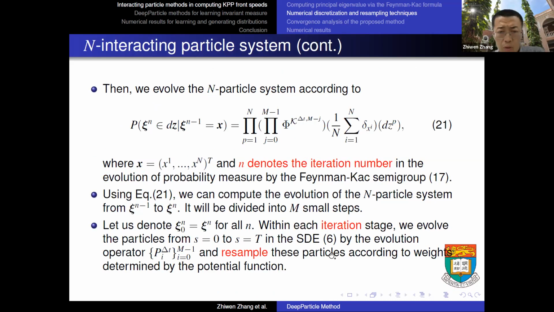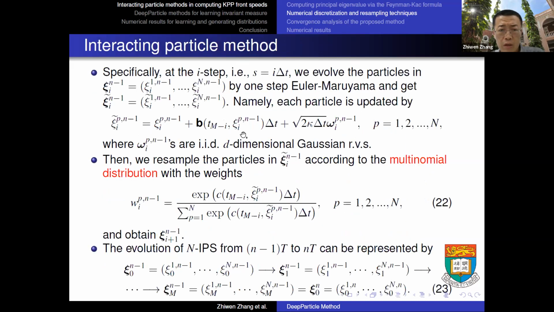So this slide shows you the iteration from n-1 to n. We evolve the Feynman-Kac semigroup, and as the audience asks, why do we call this interacting? Because within each period, we need to partition capital T into M parts, and we solve this SDE one step, and do the resampling one step, again and again.